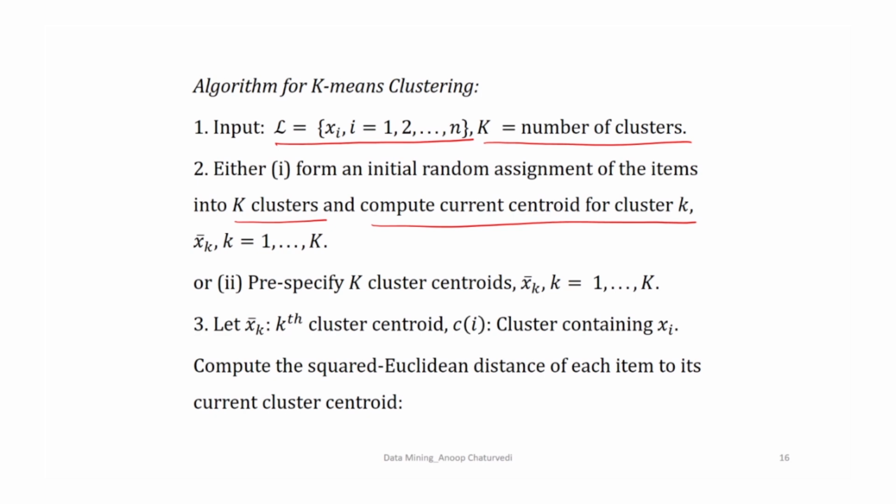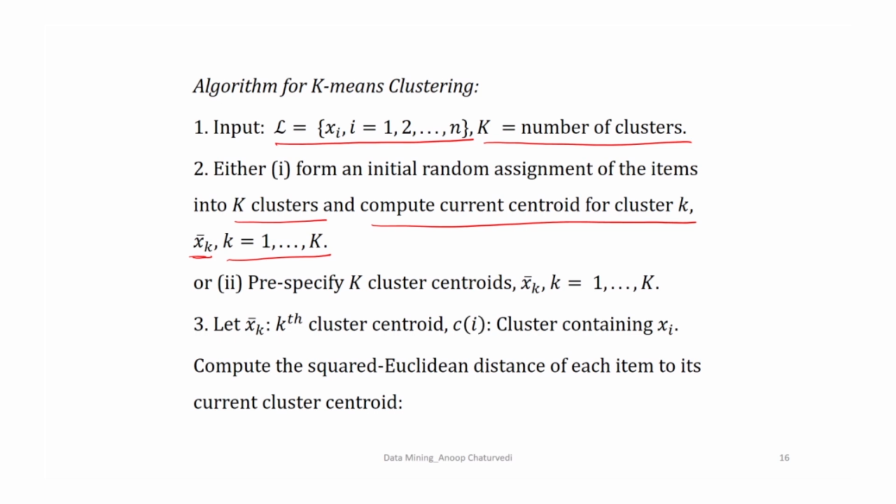So, randomly you have assigned the items to k clusters, then for each cluster you have computed the current centroid, say x bar k, for k equal to 1 to capital K.